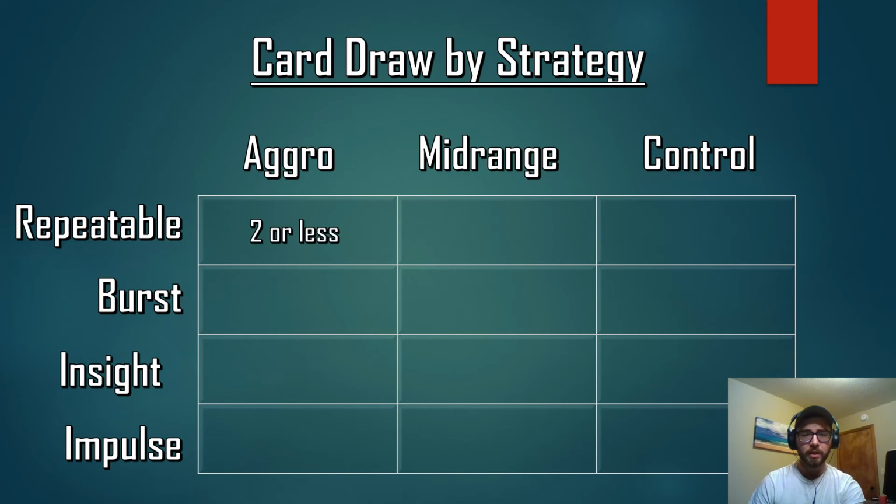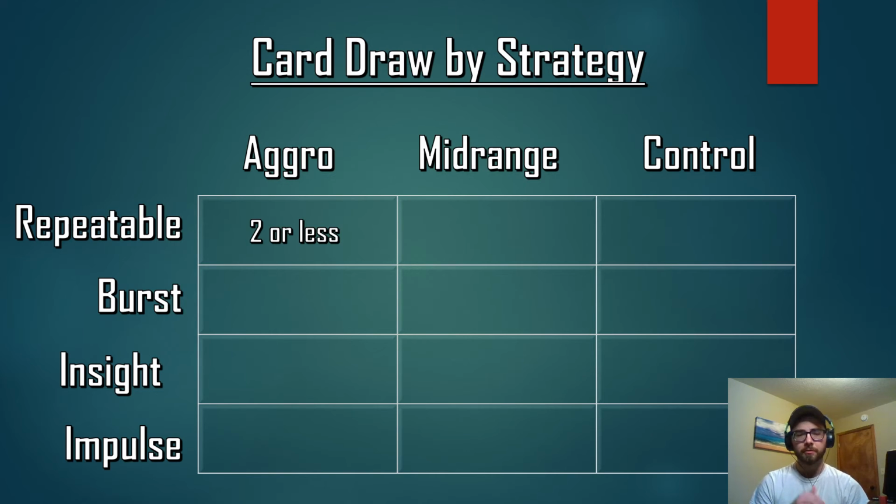So repeatable in aggro, I would say you want 2 or less repeatable card draw pieces. What you really want to be doing in the early turns of aggressive decks is deploying.